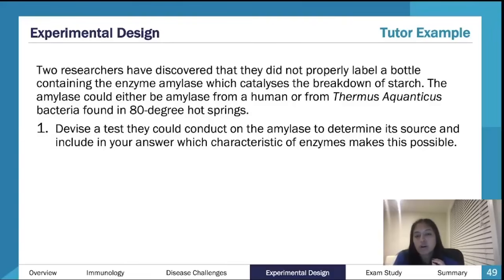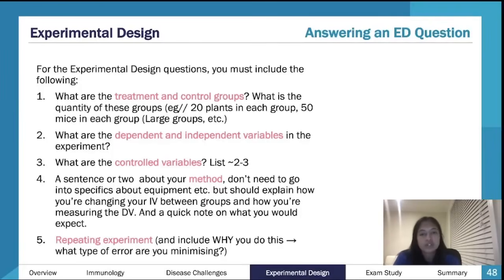In terms of controlled variables, in terms of your method, you just kind of talk about what we talked about in terms of that setup. So maybe you leave it for 10 minutes and you check the glucose reading every 2 minutes perhaps, and you would repeat the experiment. That's a sort of idea there. I don't know if I've missed anything, but you would just follow this little step.